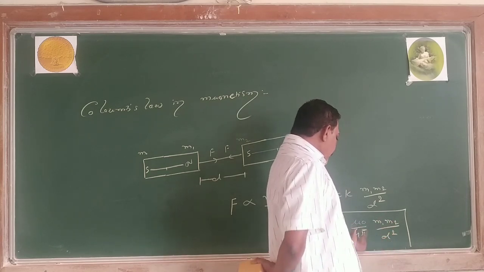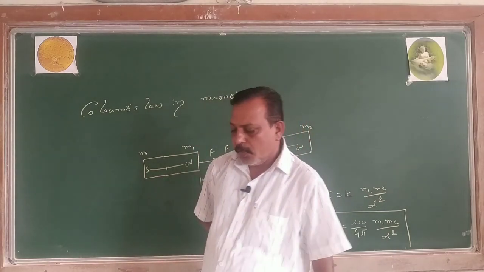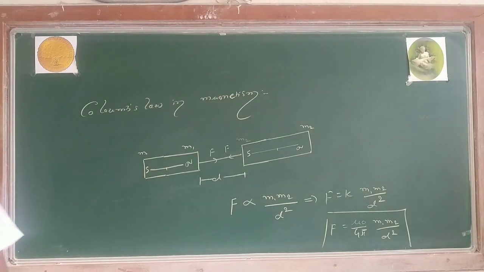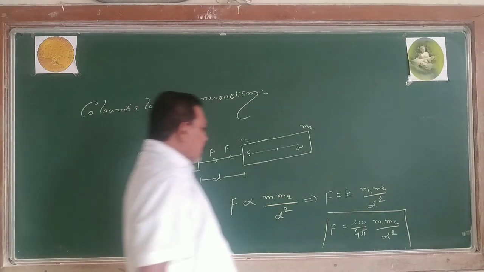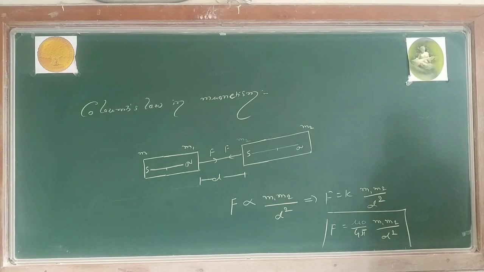The constant of proportionality is mu naught divided by 4 pi. Mu naught indicates what? Permeability of free space. Now, this is about Coulomb's law in magnetism.